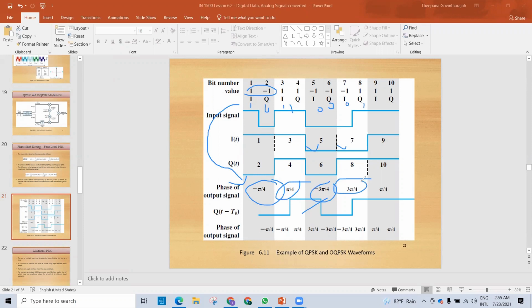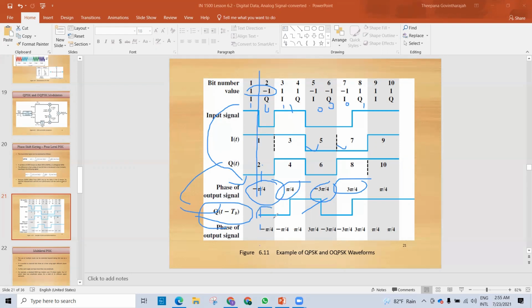And these 4 different combinations are displayed by 4 phases: pi/4, -pi/4, -3pi/4, and 3pi/4. And in OQPSK, we are introducing the delay for the Q channel. So the Q output will be delayed by TB seconds. That is half of the signal, because the data rate is 1 over TB and 1 signal contains 2 bits.